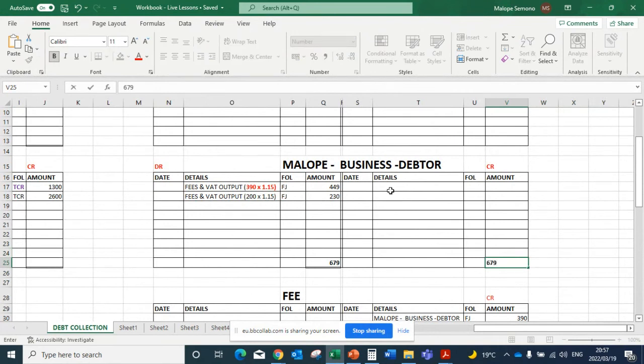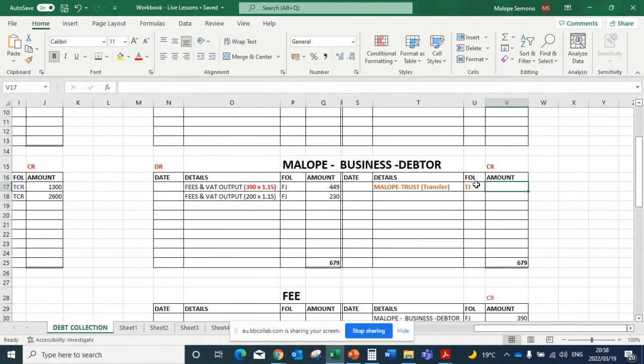That's how I transfer. I come here and say Malope Trust. In brackets, just for control, I'm going to say transfer journal, so that if someone reviews my books, they can understand what I'm talking about.